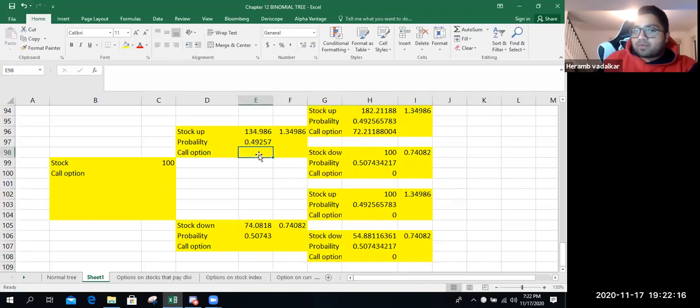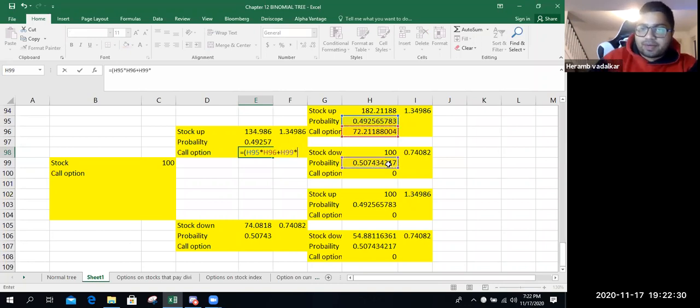So when you move backwards, call option price here equals probability multiplied by call option plus probability multiplied by call option. We did this in the previous case.